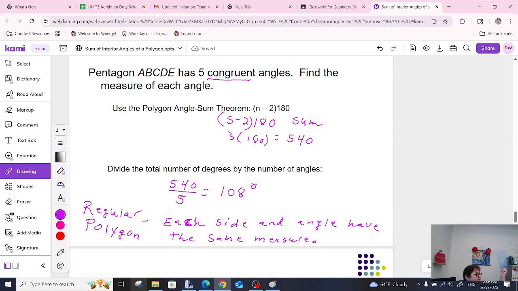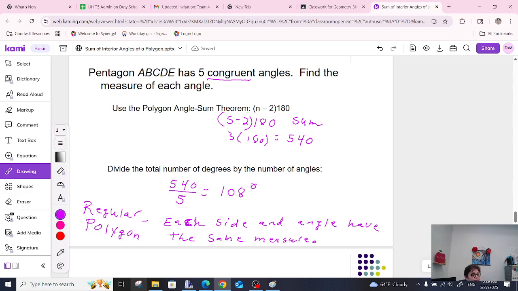So when we were pointing out the polygons on our template, they are regular because they are marked that each of the sides are the same. So number 2 is a regular triangle or equilateral. 3 is a square, which is a regular polygon. 4 and 9 are regular pentagons, right? 5 was a regular hexagon.